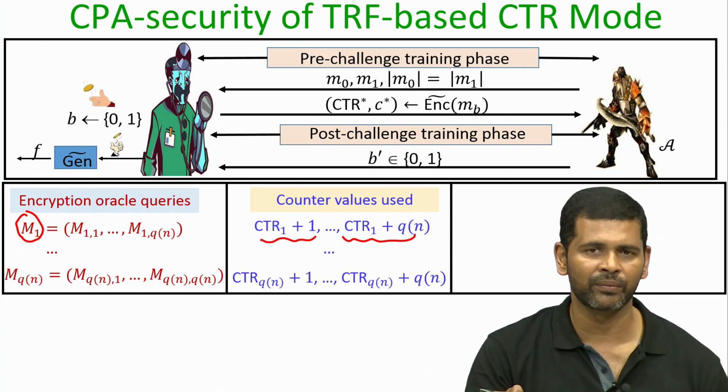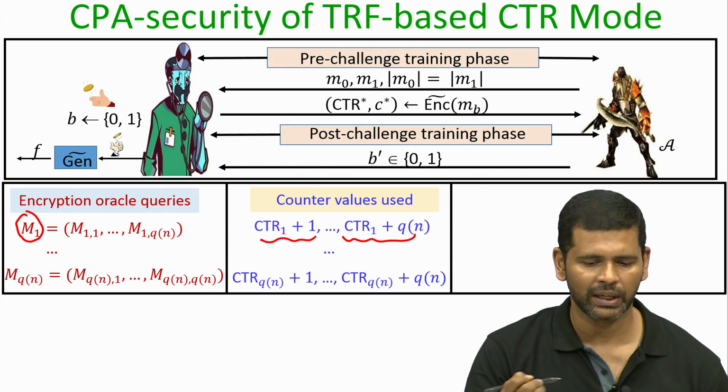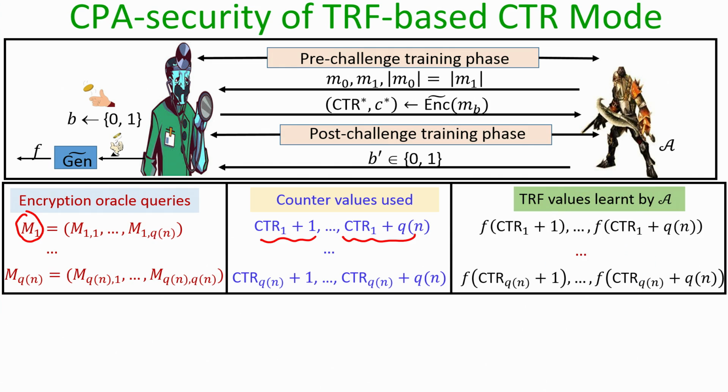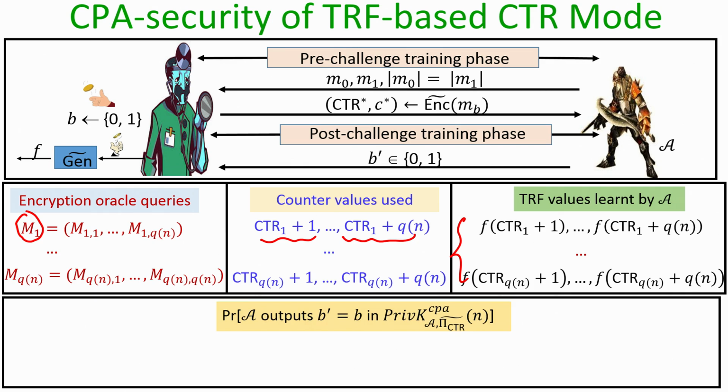So, these are the counter values which are used by the challenger, and as I have seen, based on the encryption of each message, the adversary learns the corresponding output of the truly random function on the corresponding counter values. That means the adversary basically has access to the value of the unknown truly random function little f on all the counter values which have been used by the challenger to respond to the encryption oracle queries.